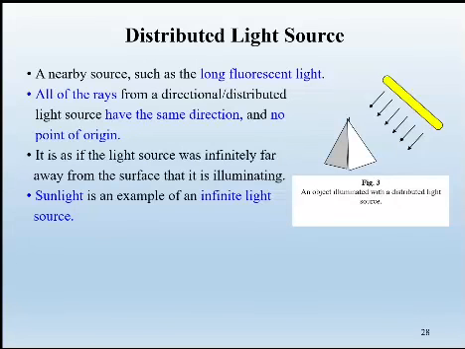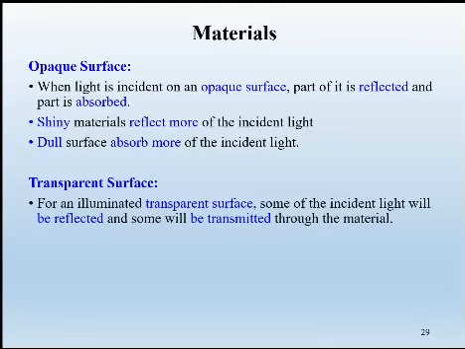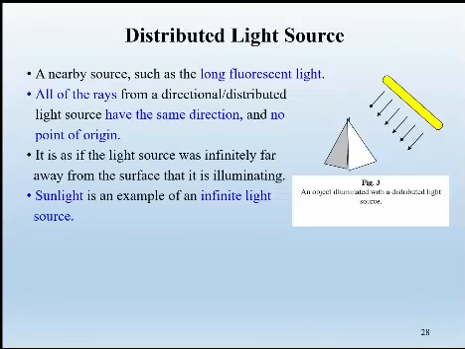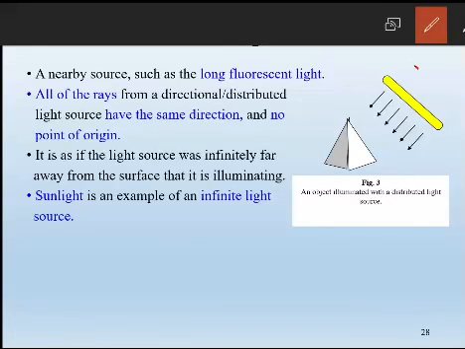Now, distributed light sources. A nearby source such as a long fluorescent light is shown here in this diagram. All the rays from a directional or distributed light, also known as a directional light source, have the same direction.